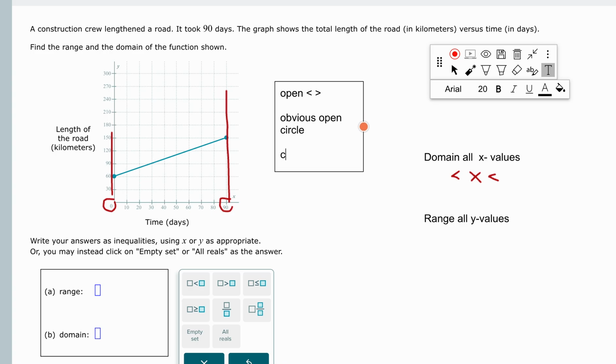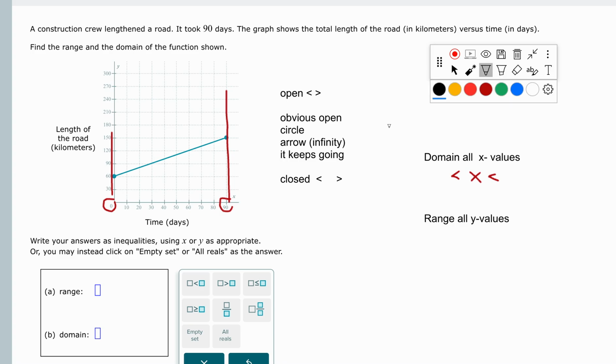Now, I want you to think it's closed every other time except these. The other time it's open is when you have an arrow. That means that it's infinity. It keeps going. It doesn't stop. So normally all the other times it's closed.